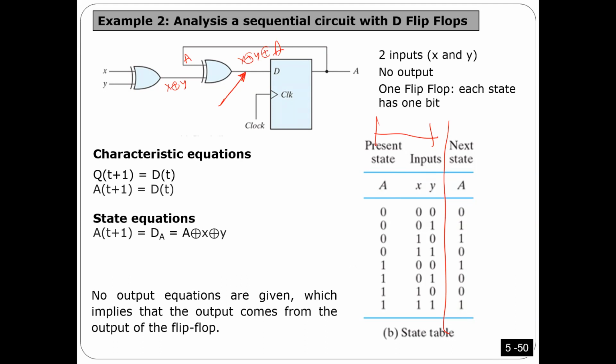Anyway, then I need to calculate this one. This one is the next state. We don't have Y, we don't have an output. And usually, if you don't have an output coming from a combinational circuit, is there a circuit that doesn't have an output? Let me clarify this point. Sometimes we take the output from flip-flops. Sometimes we take the output from a combinational circuit, similar to what I did before.